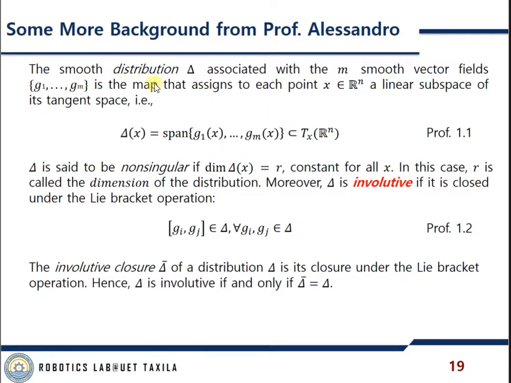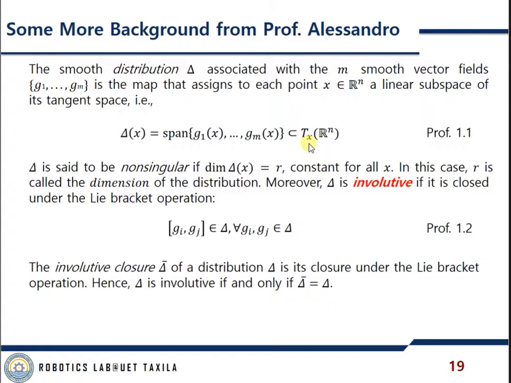The smooth distribution delta associated with the m smooth vector fields g1 down to gm is basically the map that assigns to each point x, and in our case it was q, which belongs to an n-dimensional space, a linear subspace of its tangent space, like that. That is, delta of x is going to be equal to span of g1 of x down to gm of x, which is going to be a subspace of its tangent space.